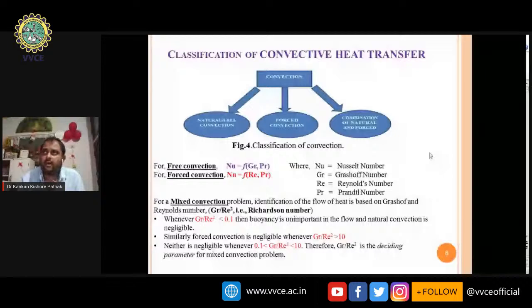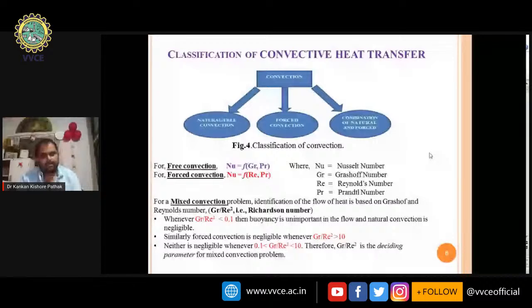In the case of forced convection, the Grashof number is replaced by the Reynolds number and the Prandtl number. This number plays the same role, but differently in free convection and forced convection. And you can see that this represents the Nusselt, Grashof, and Prandtl numbers. The Prandtl number gives us the ratio between the kinematic viscosity and the thermal diffusivity. Now, these are in the case of forced and free convection.